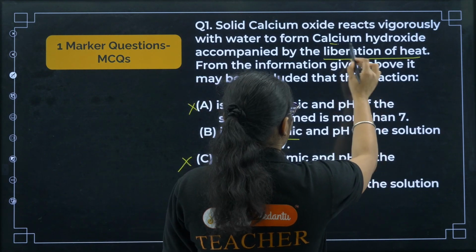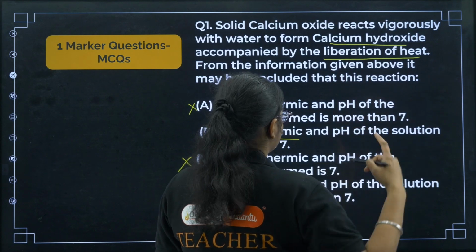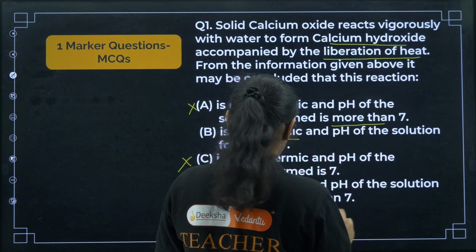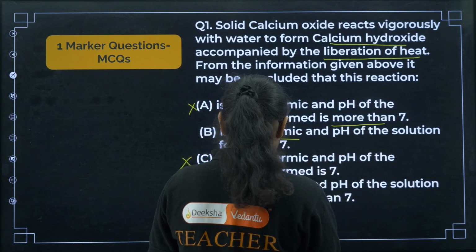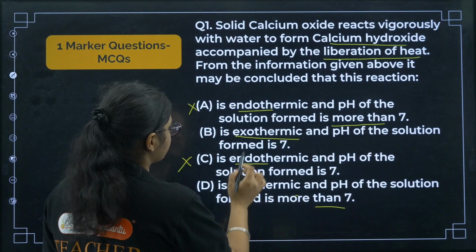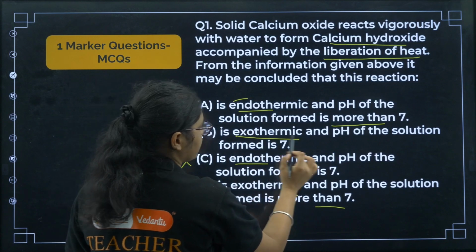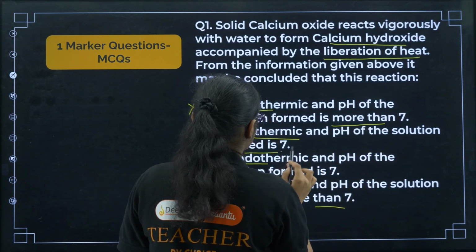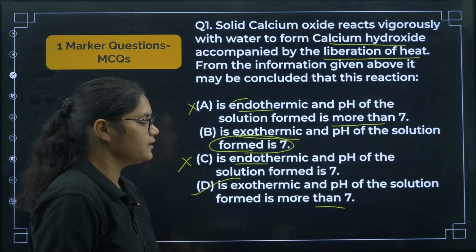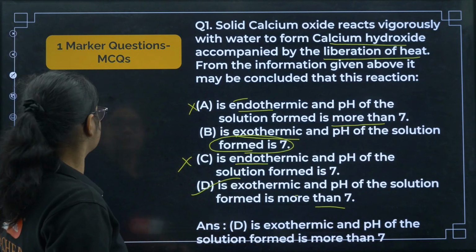Next, it forms calcium hydroxide, which is a base, so pH will be more than 7. Exothermic and pH of the solution formed is 7? No, it has to be more than 7. So option number D is the correct answer for this question.